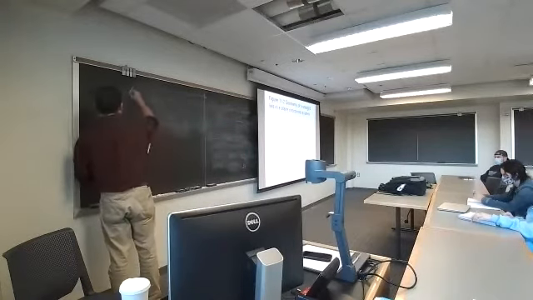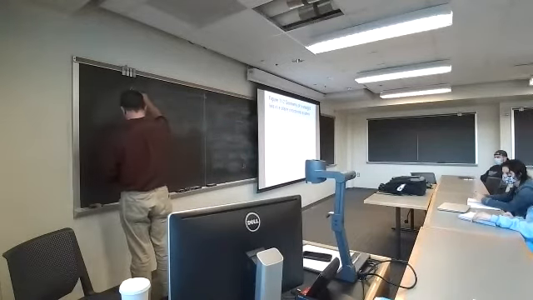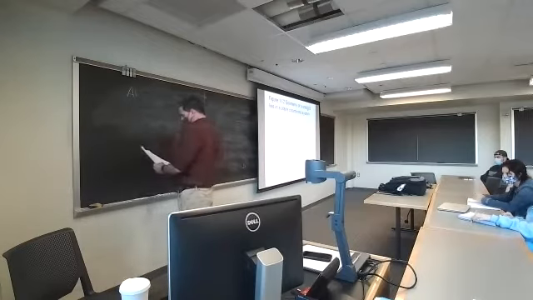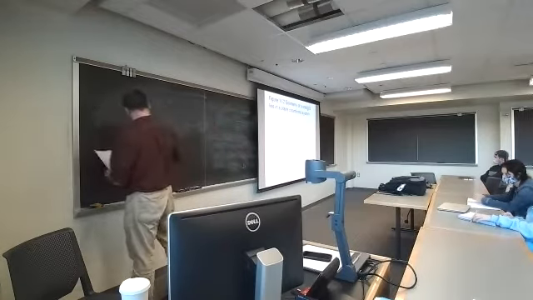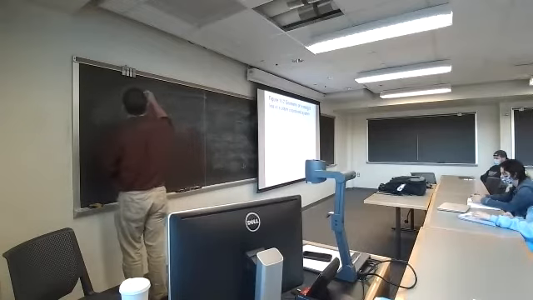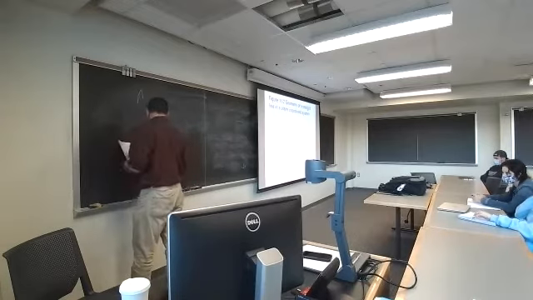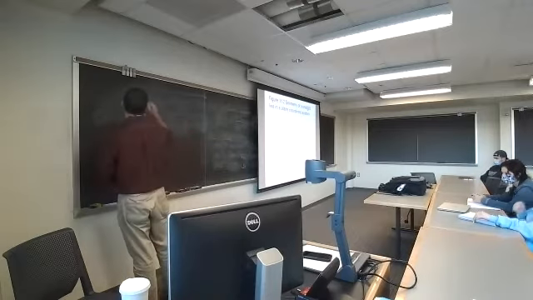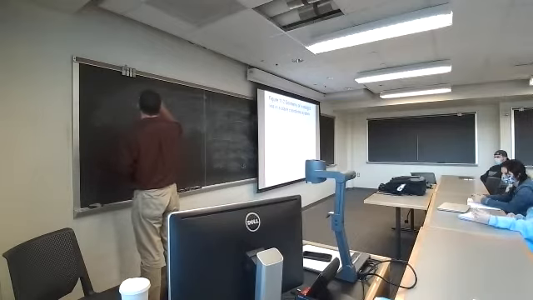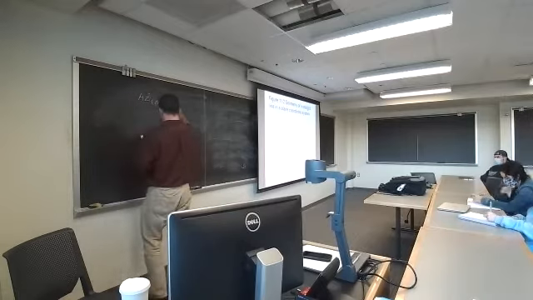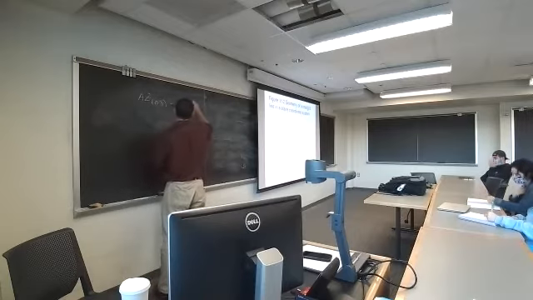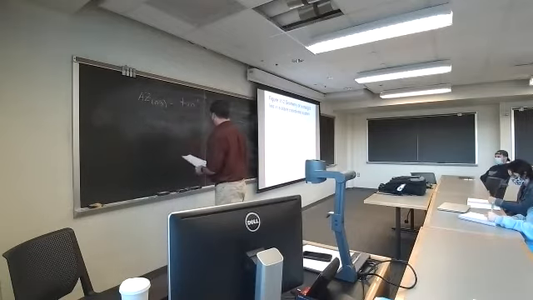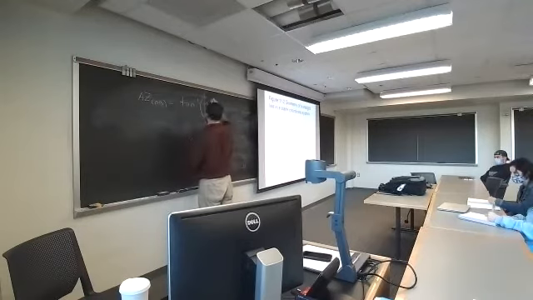So if you have length AB, rewind. If you have azimuth AB, azimuth AB is the inverse function of tangent delta x over delta y.